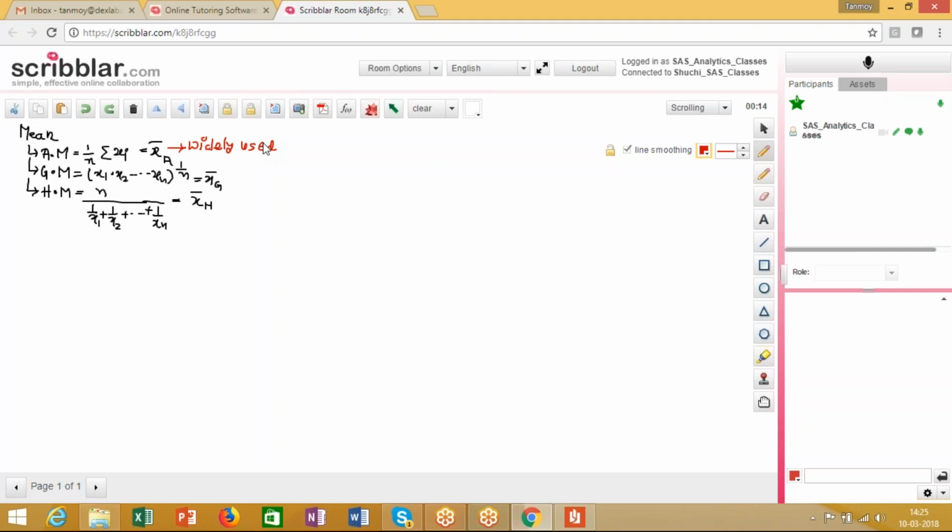So while we talk about using arithmetic mean, we need to understand when it needs to be used.